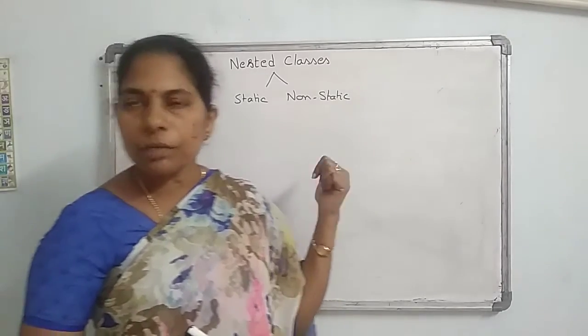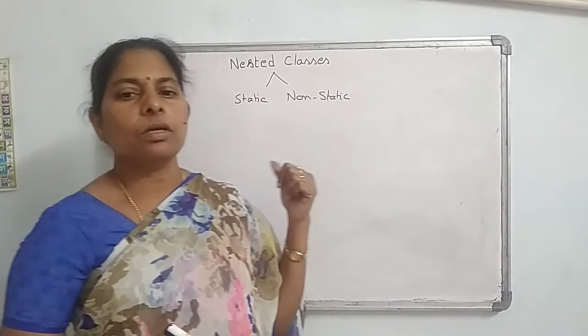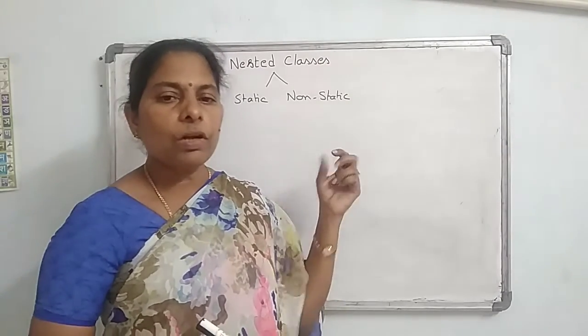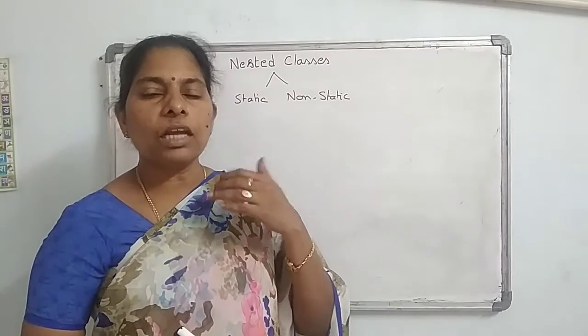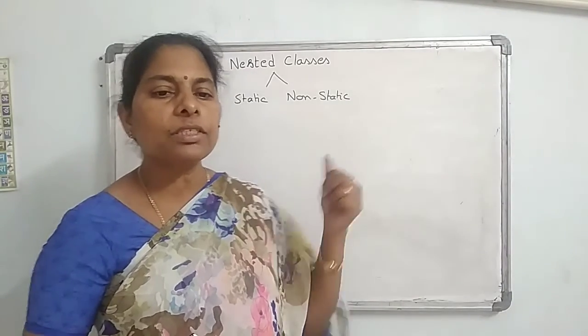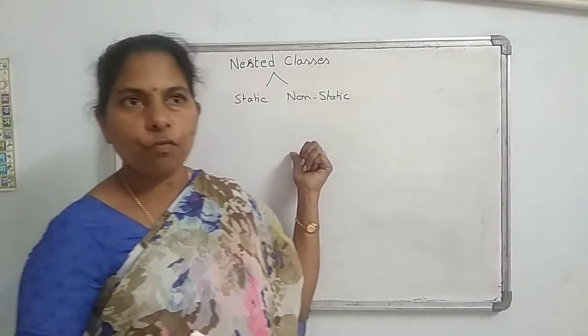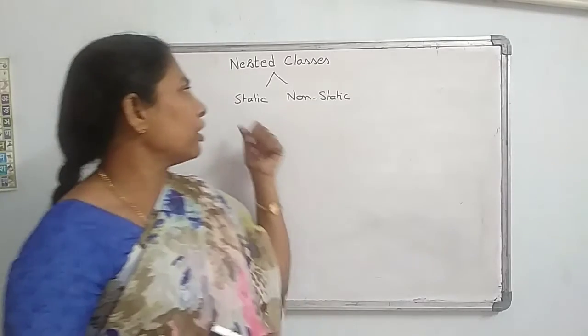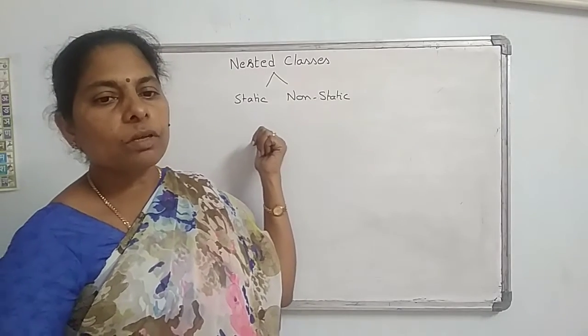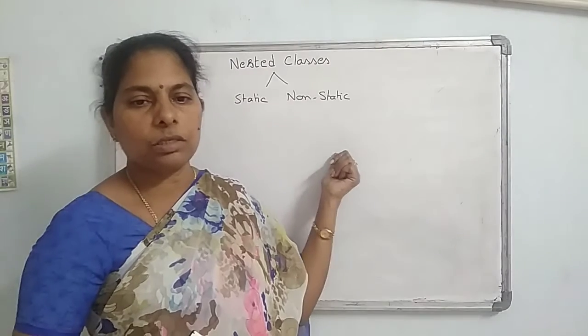So what comes under the static nested class? When you define the class, you must use the static keyword as the modifier. So you can use the static modifier for the class.